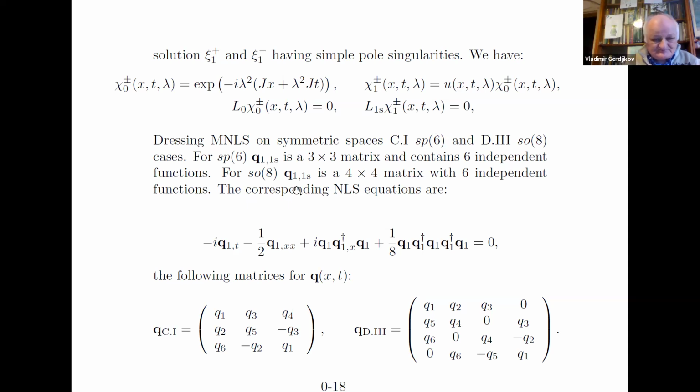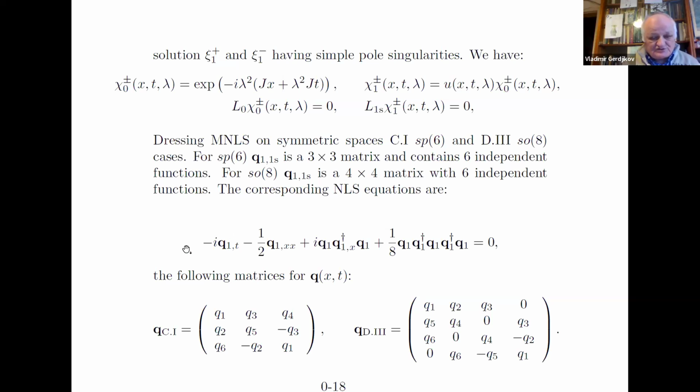In this case, the matrices Q1 of the soliton solutions will be 3 by 3 matrices in the case of C1, or 4 by 4 matrices for the orthogonal 8. In both cases, we will have 6 components.